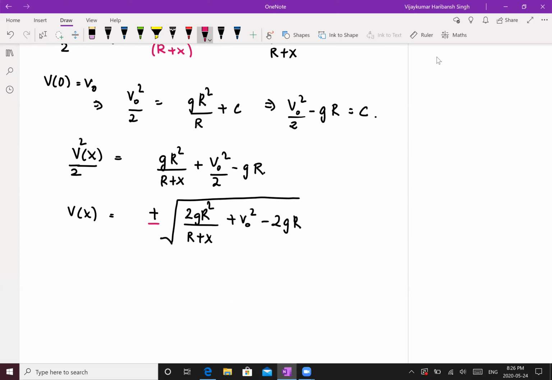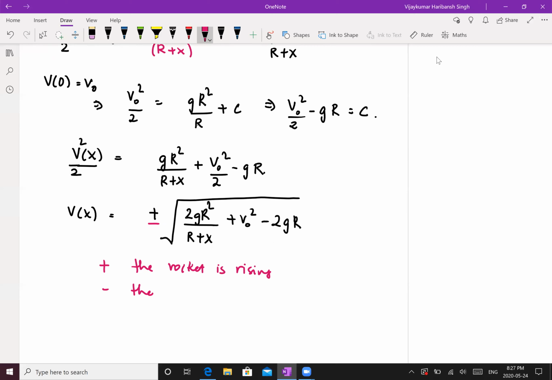Okay. So this is about the sign of v. If v is positive, then the rocket is rising.